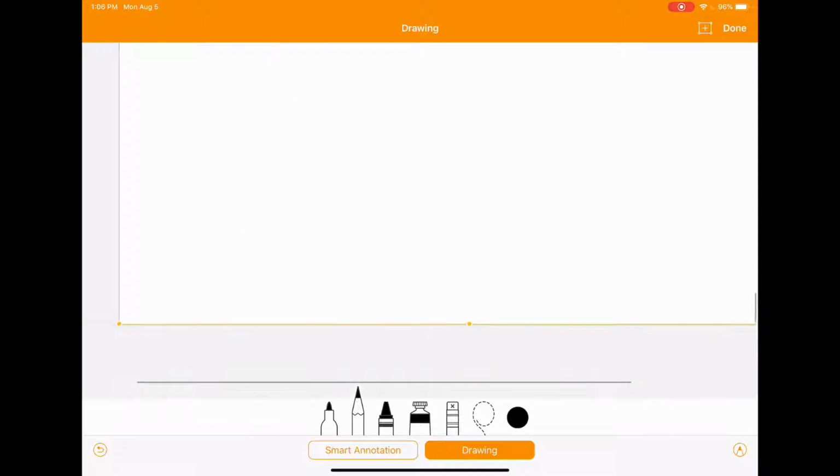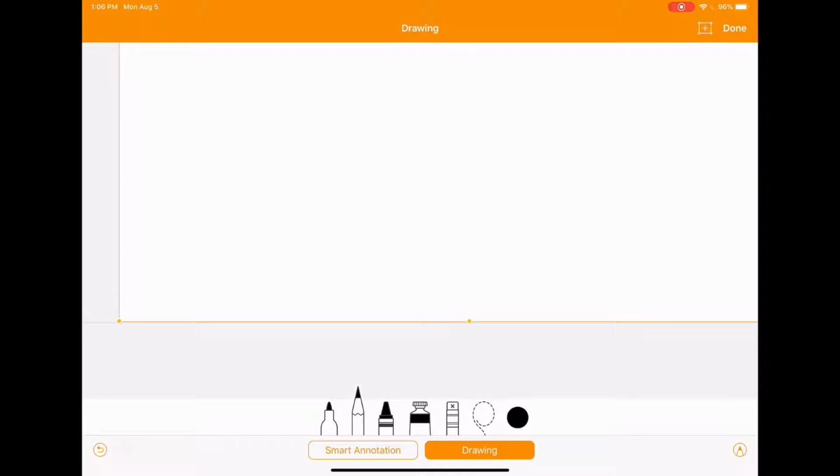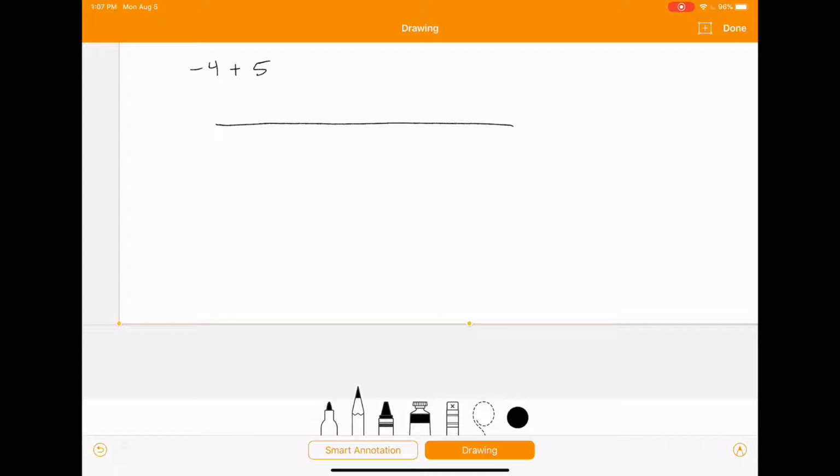All right, so let's go ahead now and learn how to add, subtract, and divide these things. So if you have a -4 plus 5, one way you can do this is to just visualize it. So draw your number line. So we're starting at -4.